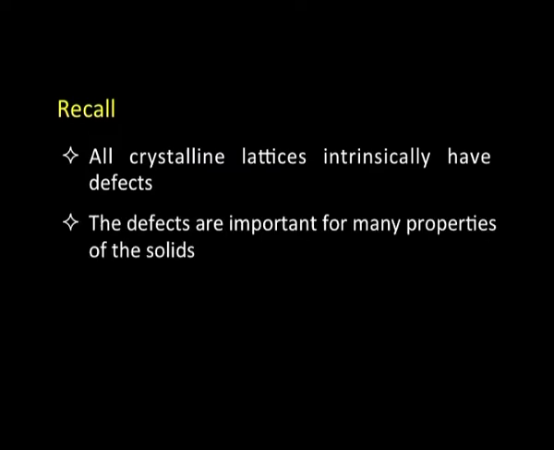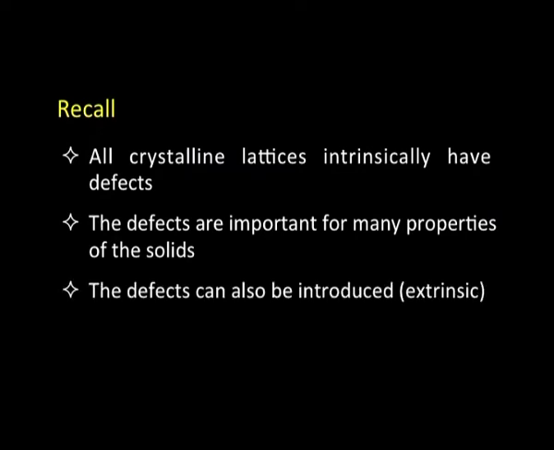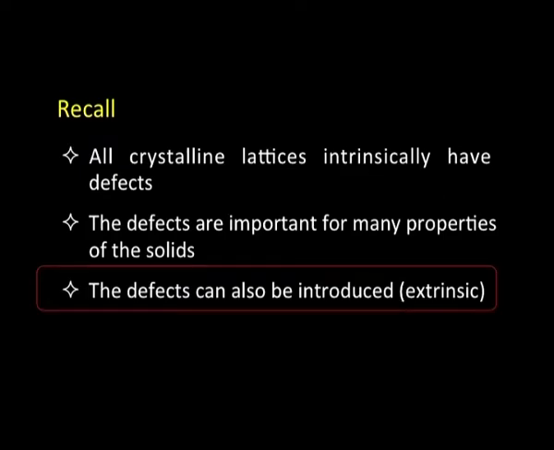And then we also know that these defects are important for many properties of solids, because in the absence of these defects the metals or any solids may not be put to use the way they are normally done. Further, these defects can also be introduced. Some materials are intrinsically defective, that means they have intrinsic defects in them, but in some cases we can even introduce such defects and they are called extrinsic defects, and this is what is of interest to us in today's session.